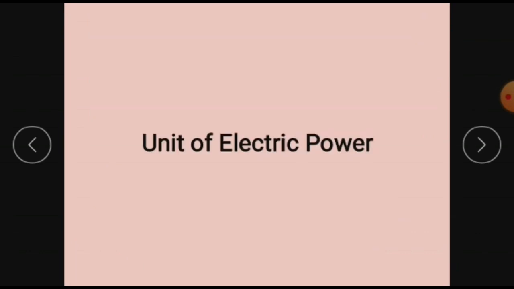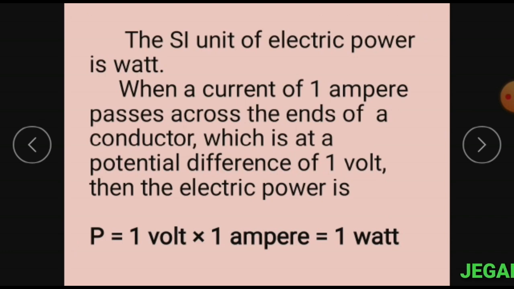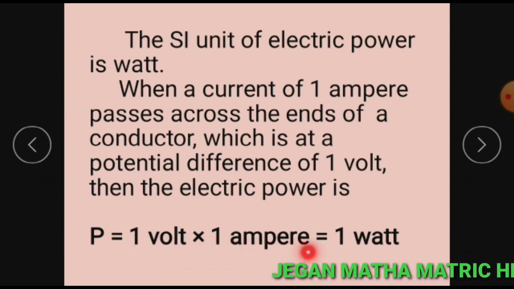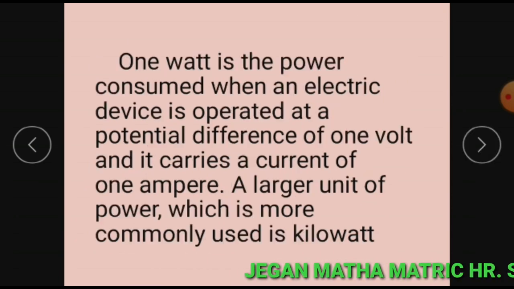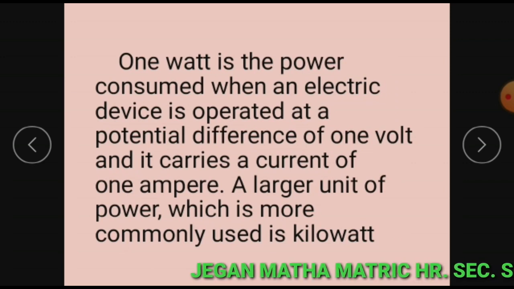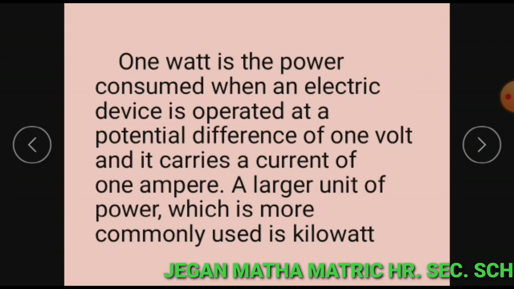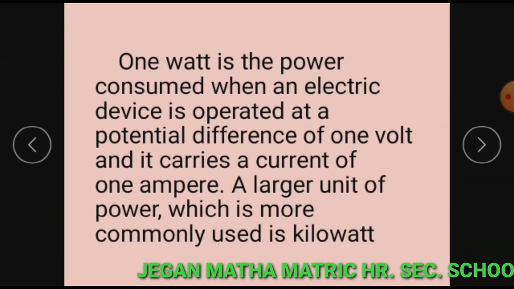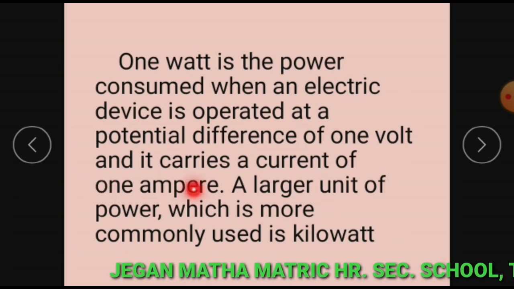Unit of electric power. The SI unit of electric power is watt. When a current of 1 ampere passes across the ends of a conductor, which is at a potential difference of 1 volt, then the electric power is P equal to 1 volt into 1 ampere equal to 1 watt. 1 watt is the power consumed when an electric device is operated at a potential difference of 1 volt and it carries a current of 1 ampere.